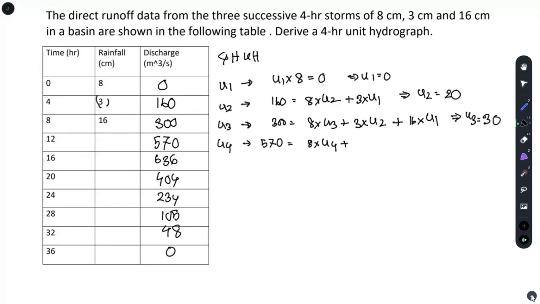For 3 centimeter rainfall, I'll multiply it with U3. For 16 centimeter rainfall, I'll multiply it with U2. And I know the values of U2 and U3. From that, solving, I'll get the value of U4, and U4 would be a value of 20 as well.